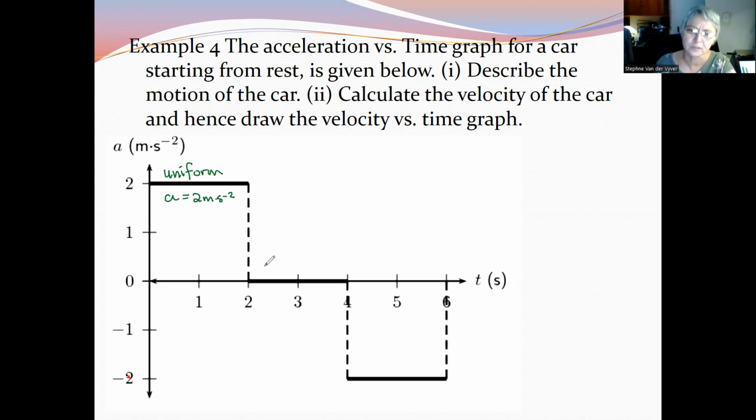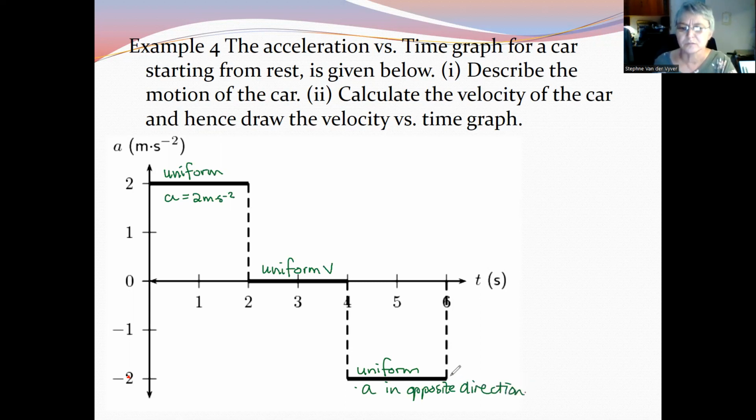Then we've got uniform velocity, where the acceleration is 0. And then we have uniform acceleration in the opposite direction.